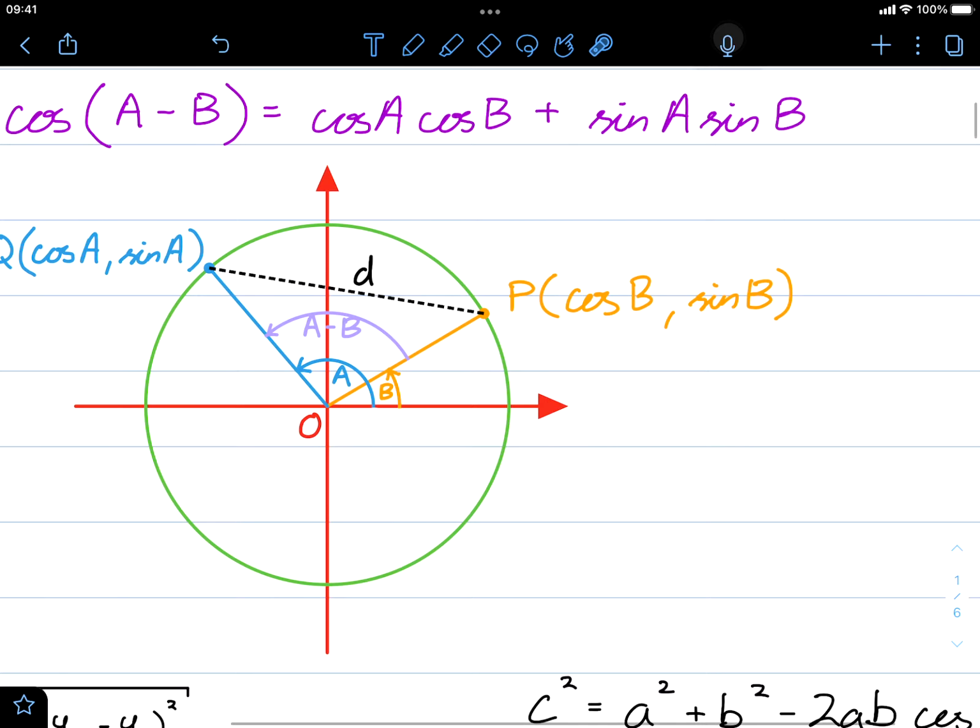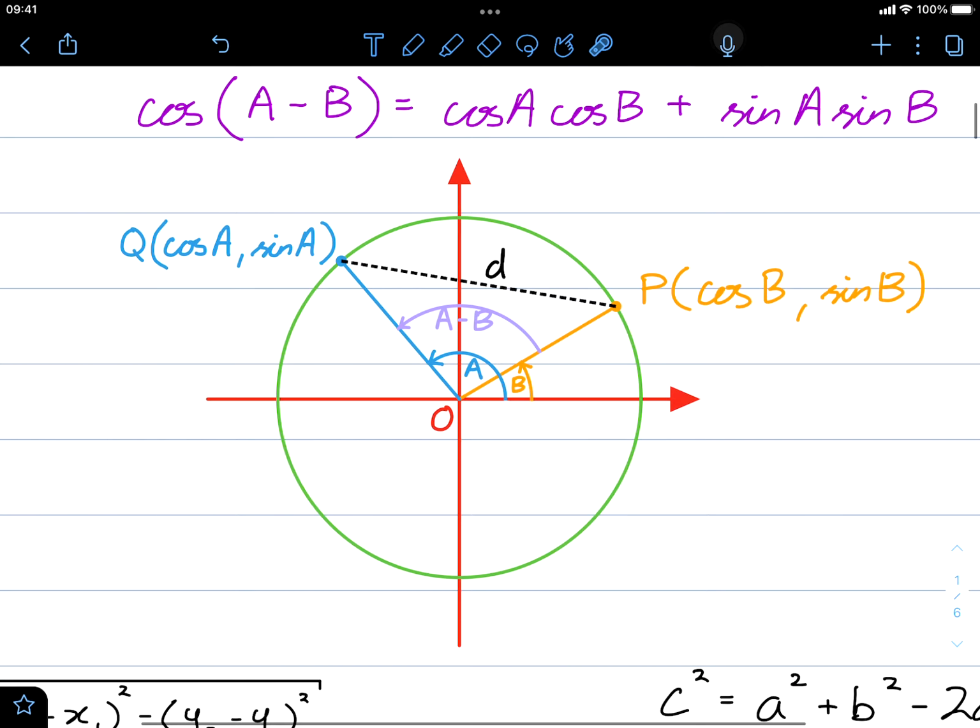So let's pick any point P and give it some angle B. Since this is angle B, this has some distance of X and some distance of Y. Therefore, since cos B is X, sine B is Y, the coordinates of P are X, Y, which are cos B, sine B. Likewise, pick another point Q. It follows the same logic.